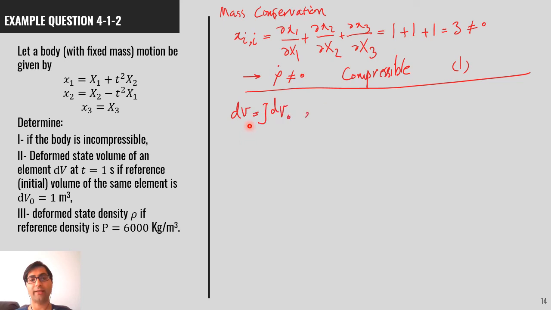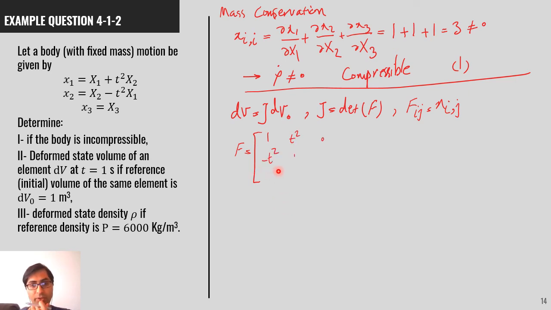We already know that dV is equal to J dV0, and J is the determinant of F, and we already know that F is the gradient of the deformation. We can simply derive F as [1, t squared, 0; minus t squared, 1, 0; 0, 0, 1].